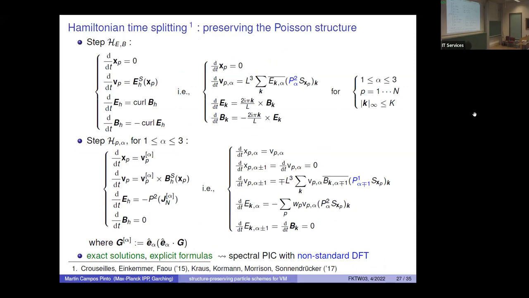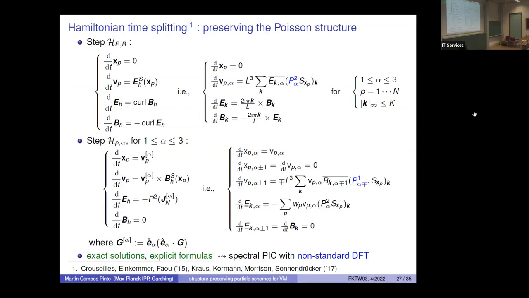You have trajectories, equations for the trajectories and equations for the fields, written in terms of the discrete coefficients. Everything is explicit, and the exact solution of our time step is also explicit. There is a full decoupling of the equations, and you have an explicit solution.